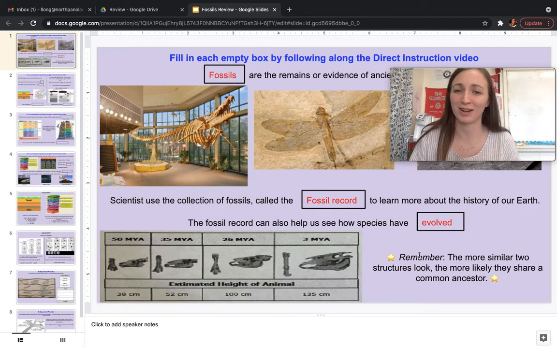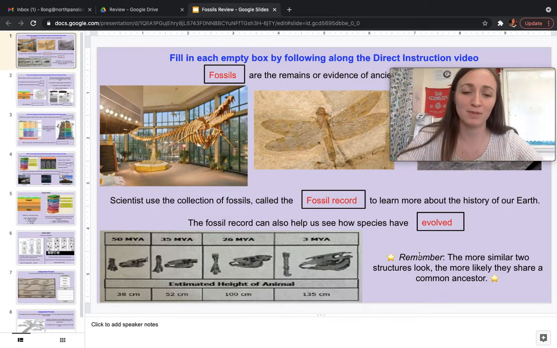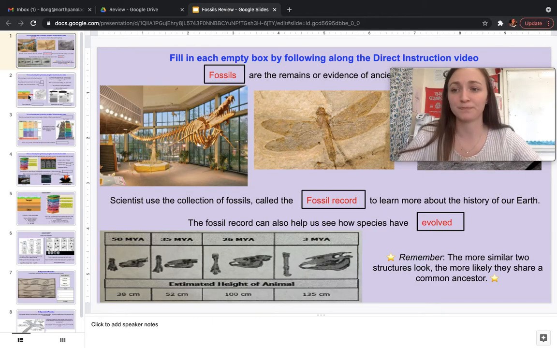We know this, we've been talking about that nonstop. You can think about yourself. You look a lot more like your siblings or your cousins than you do like me, because we're not related. So since we're not related, we look more different than you do to someone you're related to. So the same thing works with different species.